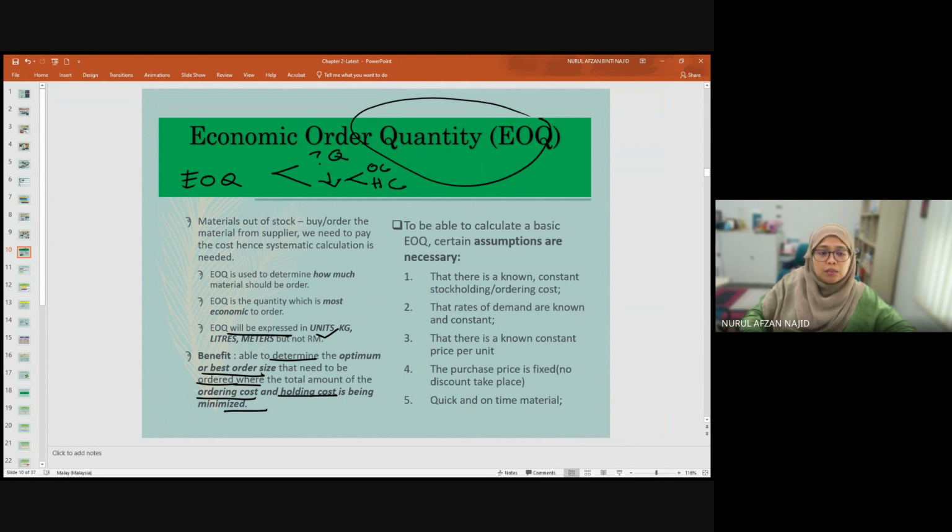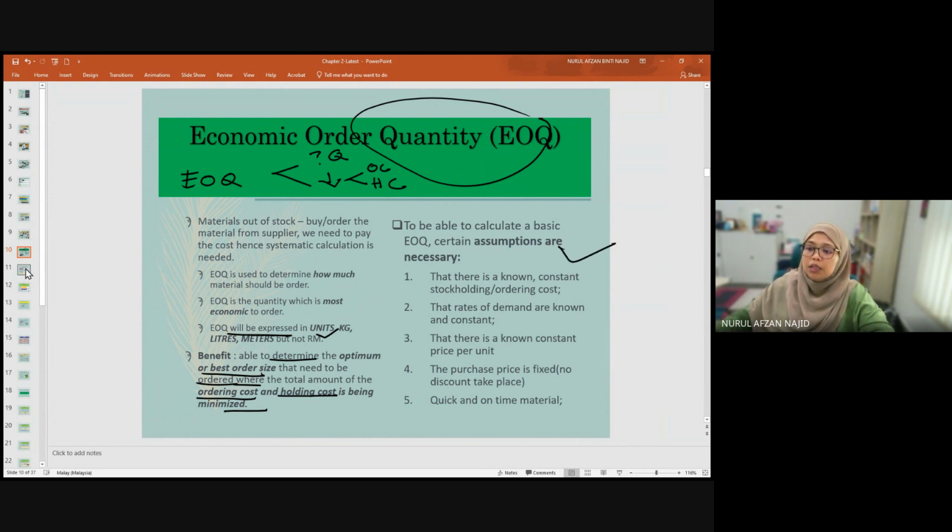Okay, so meaning that bila you nak kira EOQ, ada 3 item yang you kena determine from the question, iaitu quantity, ordering cost dan juga holding cost. Then baru you boleh calculate the EOQ. Okay, yang ni you baca sendiri ya, assumption.